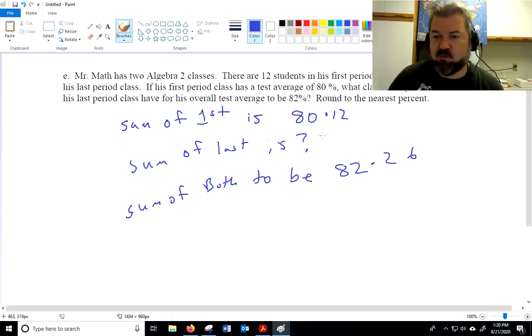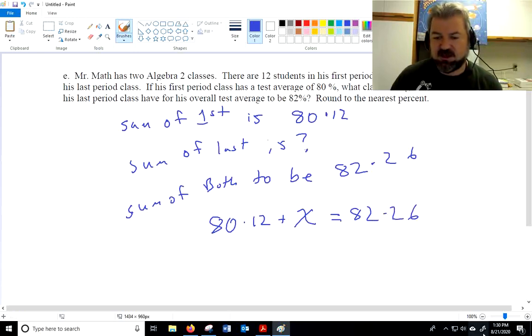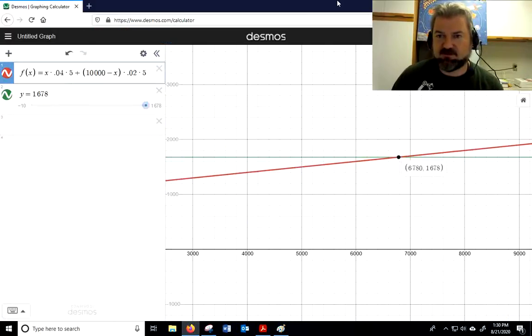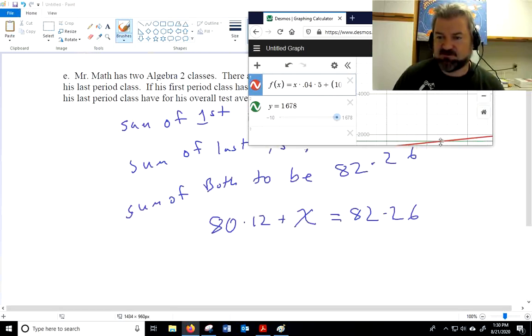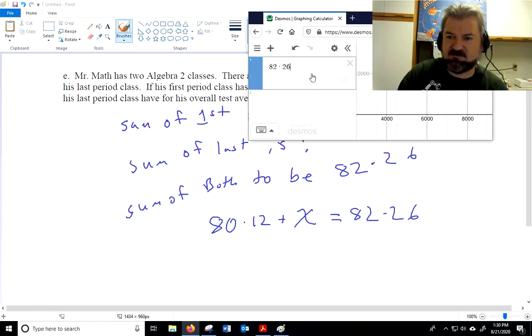So I'm going to say 80 times 12 plus some big X, the whole class that I need, has got to equal 82 times 26. And I'm just going to solve that right quick. I'll let you do more of the algebra by yourself if you want. So I basically just need to do 82 times 26 and subtract 80 times 12.